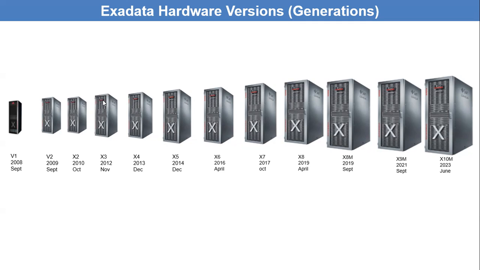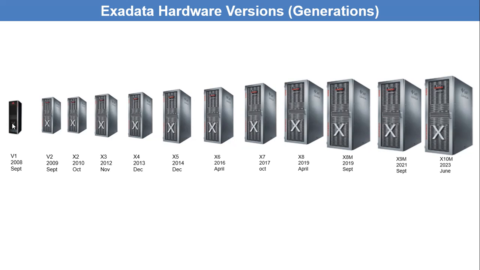So all the hardware components are nicely packaged inside this rack. When you purchase Exadata, you get this rack. You just plug it into your data center, power on the components, then start using your Oracle database. So it is pre-installed, pre-configured by Oracle.